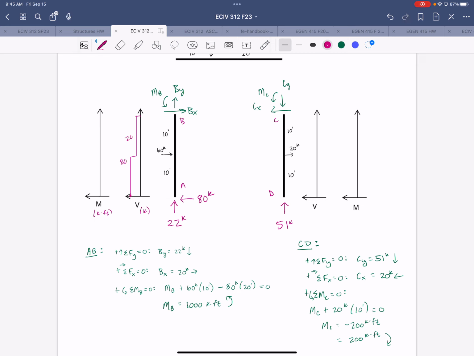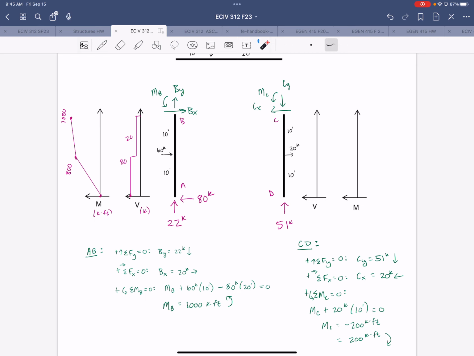The moment will start off at 0 because it's a pin support. Will increase in magnitude to 800. So that's 80 times 10. And then it will increase at a slower rate to 1,000.